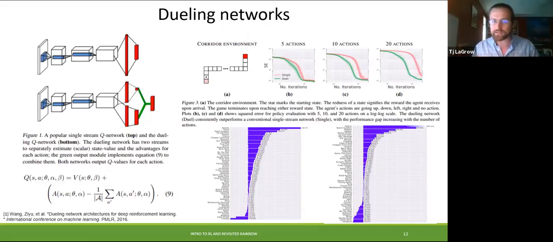The output of the two networks is then a combination of the two streams to try to get the best of both worlds. Here I have the updated equation for the Q values of each action, and then what they tested on in the original paper in 2016.